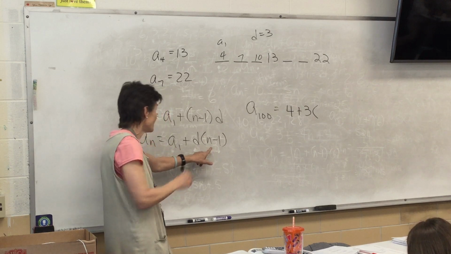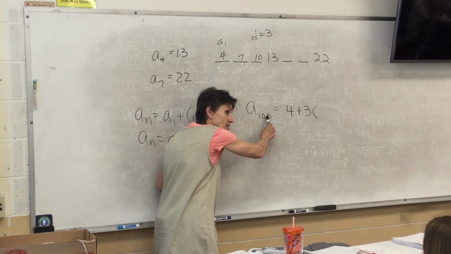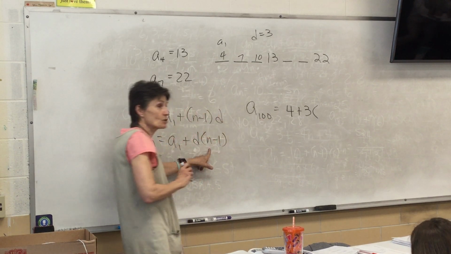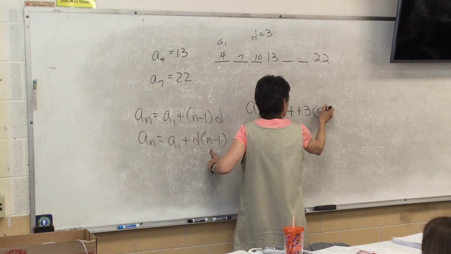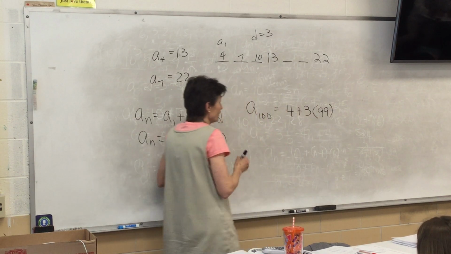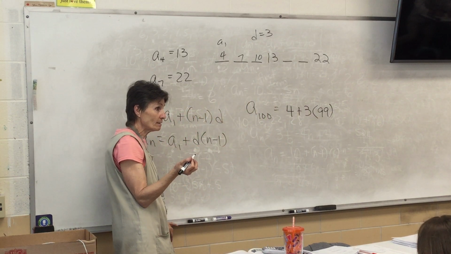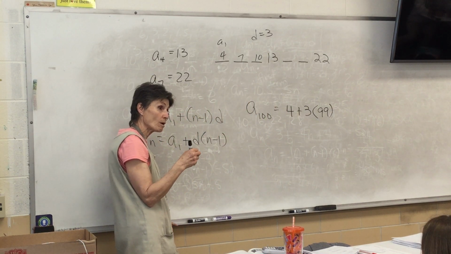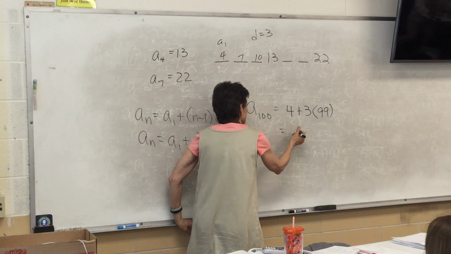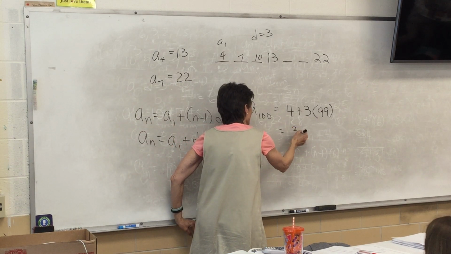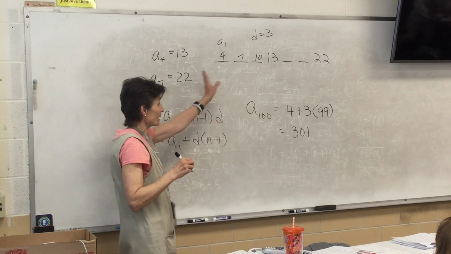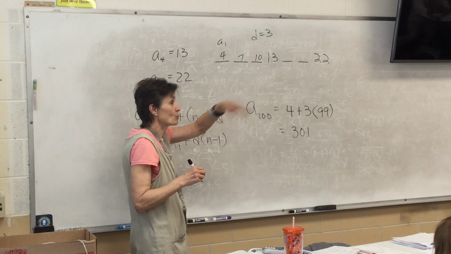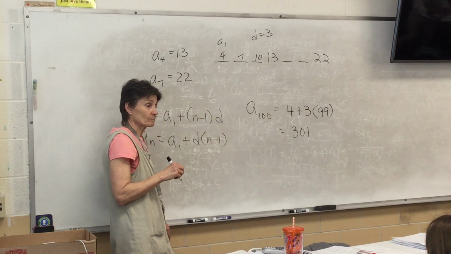What is n in this problem? N is 100. So n minus 1 will be 99. So then 3 times 99 is 297, plus 4. What is that? 301. So if you kept that going out to the 100th term, you get 301.